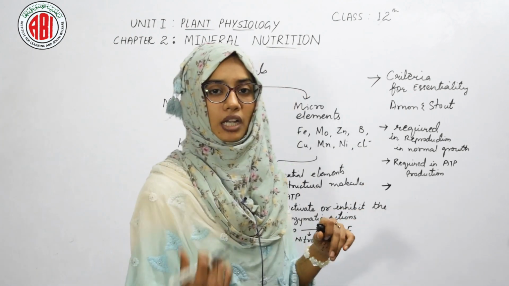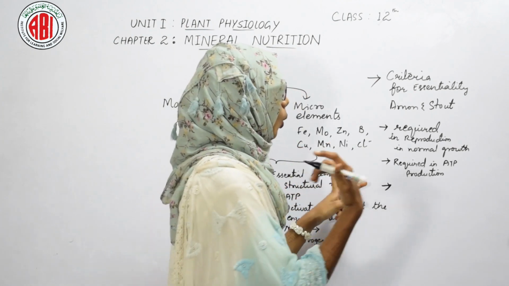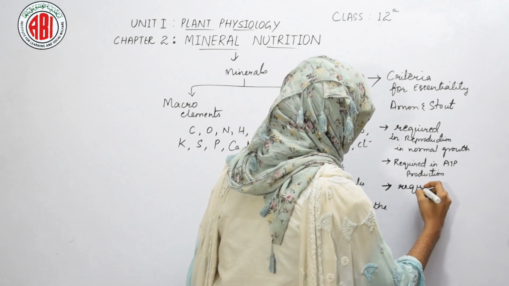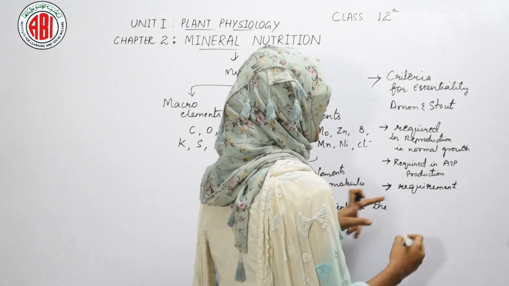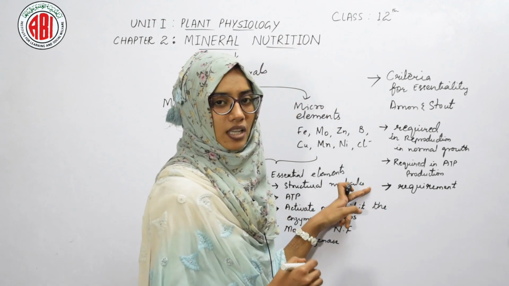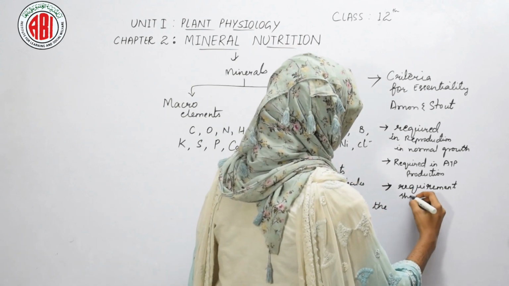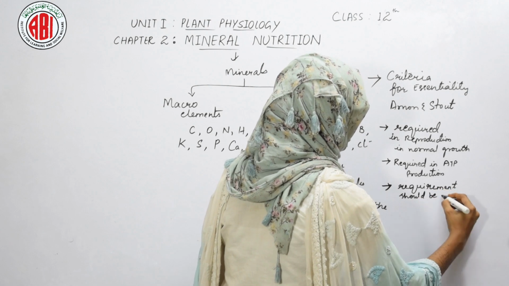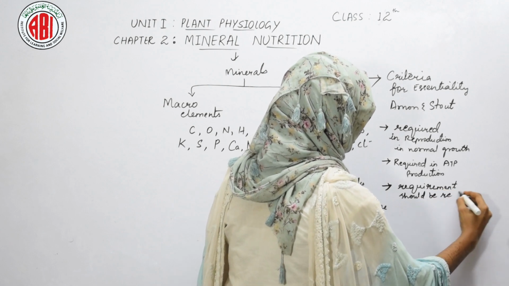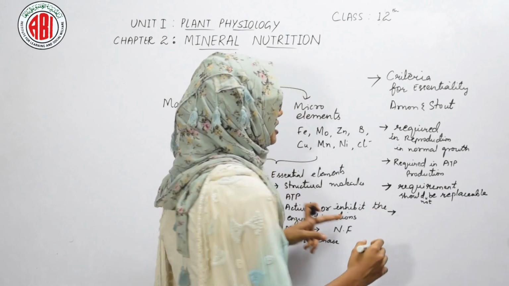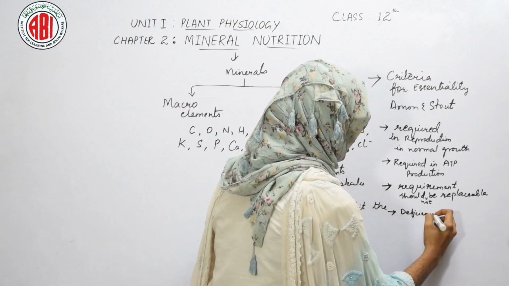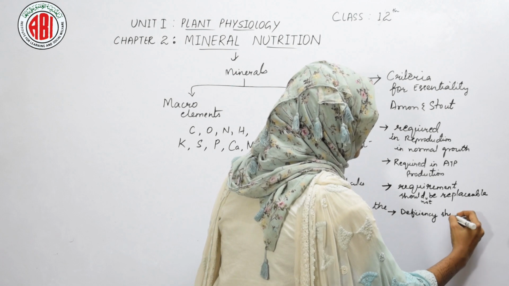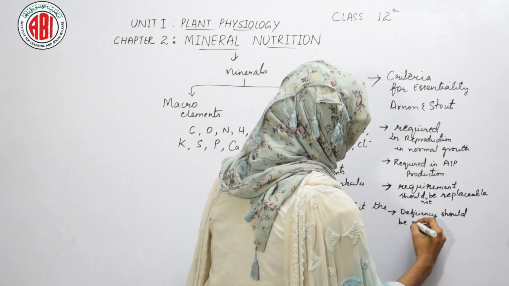The elements can be considered essential only when their requirement is not replaceable. That means they should be specific in amount present in the plants. The requirement of these elements should not be replaceable. The next condition is that the deficiency of that particular element should not be supplemented by other elements.